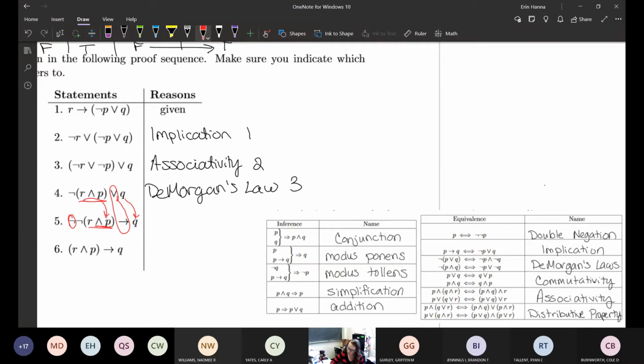So if we look at our rules again, the only thing that deals with an implies and an or is the implication rule. So let's triple check that this is actually what happened here.